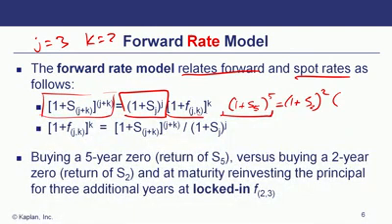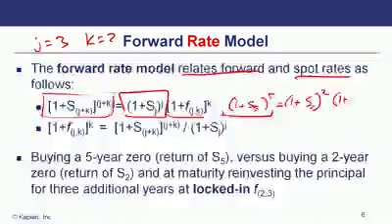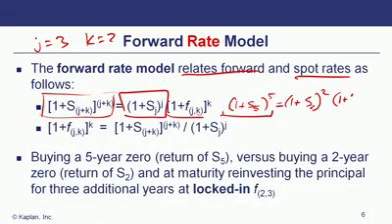F sub JK is the rate on a K period loan that starts J periods from now. So that's going to be whatever that rate is. It's going to be 1 plus F of 3 comma 2, the only way to write it that I know of, the way they have it, and that's going to be squared because it's going to apply to 2 years. And all we're saying is that has to be the same.